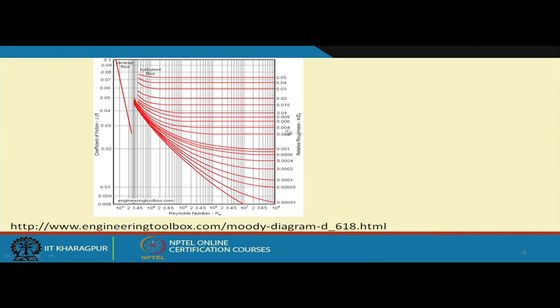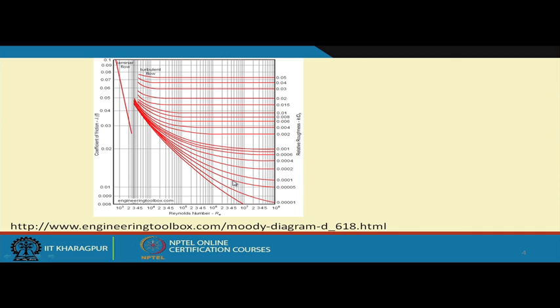Here it is written k by d, or it can be epsilon by d. This curve is for laminar flow. You see, this is f versus Reynolds number in log scale, and the laminar region is given like this, and for the turbulent region they are given like that.